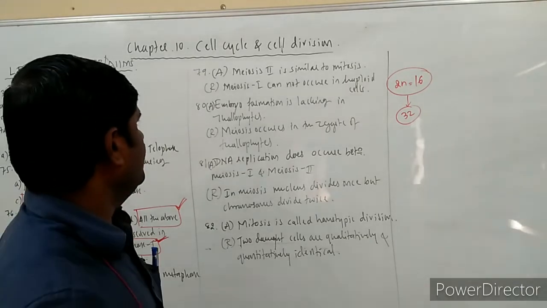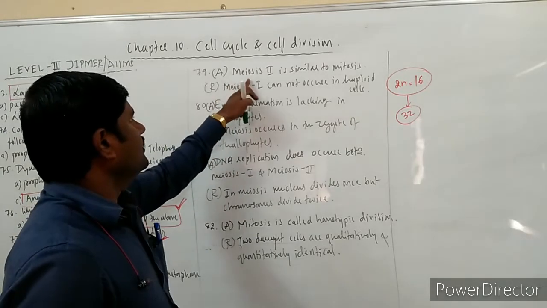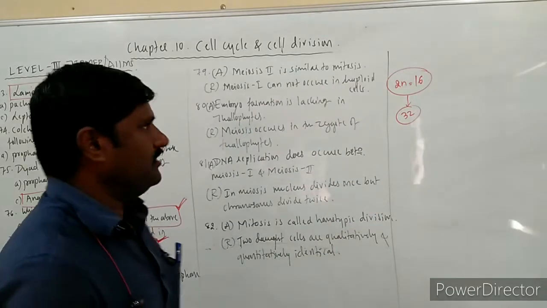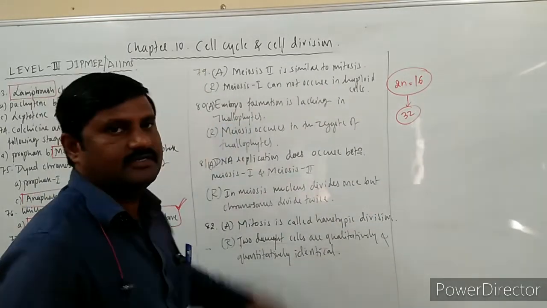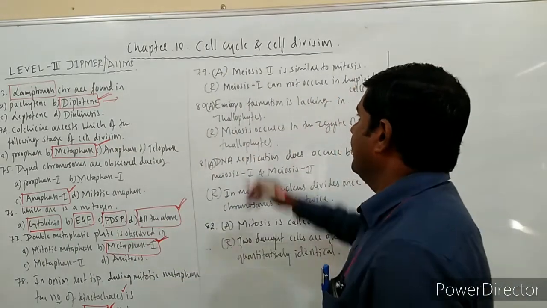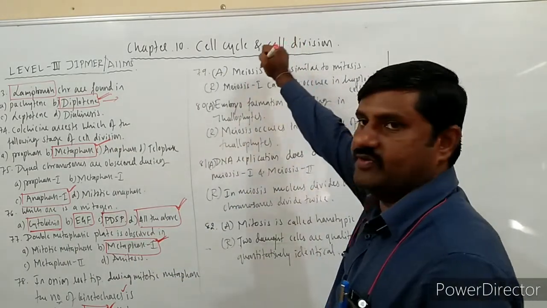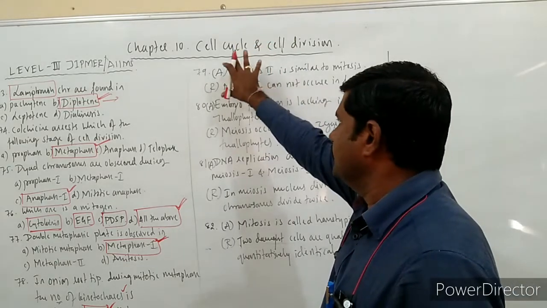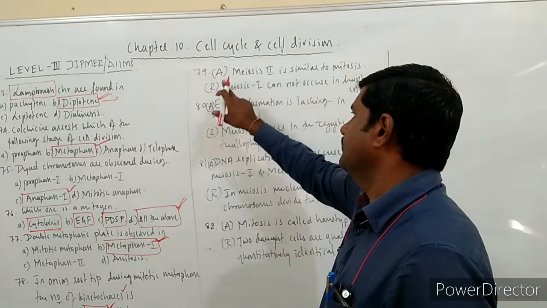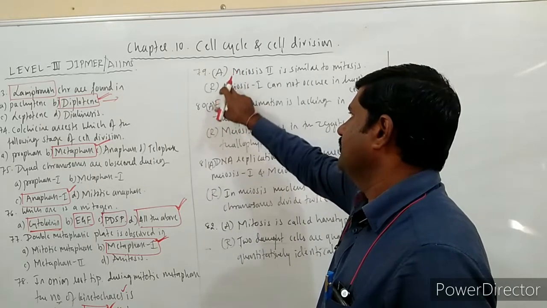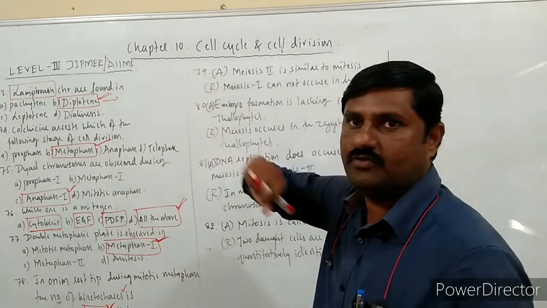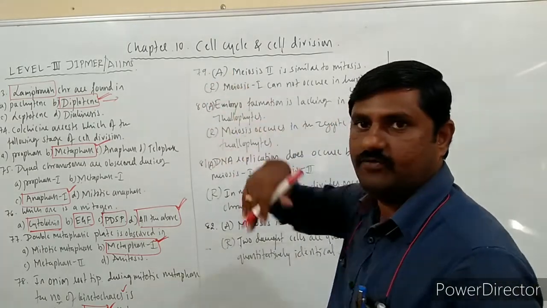Next question, 79th question. Meiosis 2 is similar to mitosis. These are assertion as well as reason type of questions, so we must analyze all these statements very clearly. Here there are 4 options that we come across: whether statement A is right, B is right, if R is the reason for assertion is the first option, right? Like that 4 options are given.